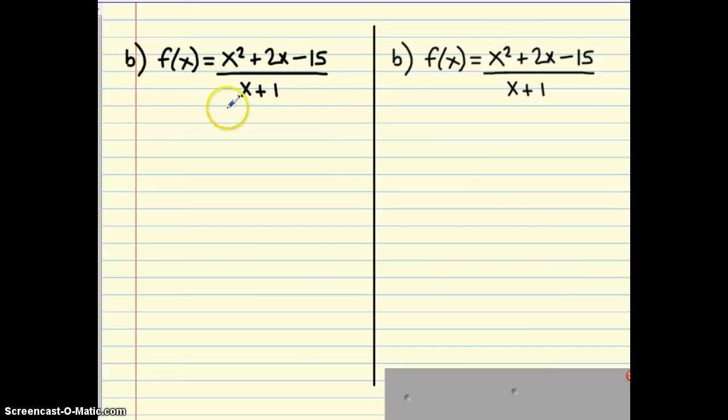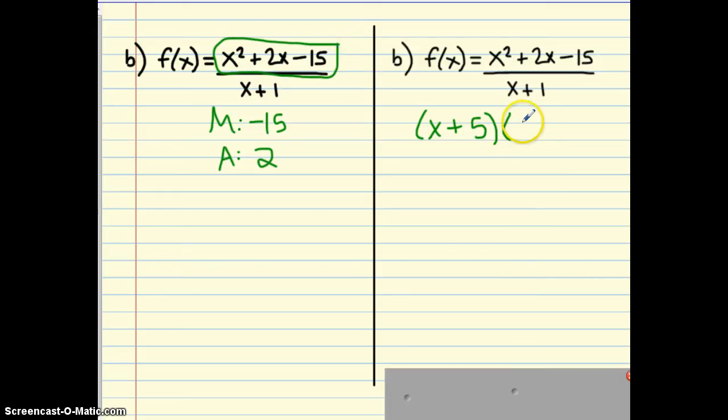And we want stuff that multiplies to negative 15 and it's going to add to 2. So we are going to have x plus 5 and x minus 3. Should specify that we are working on this piece right here. And all over x plus 1.